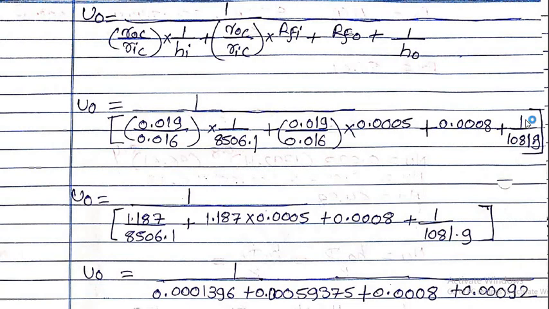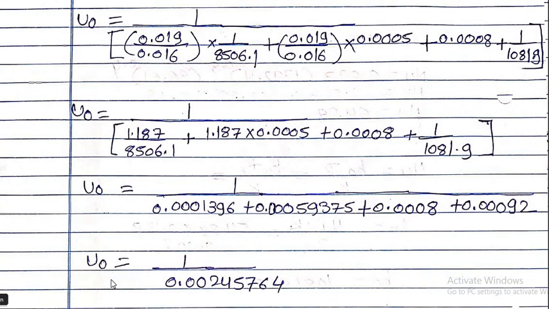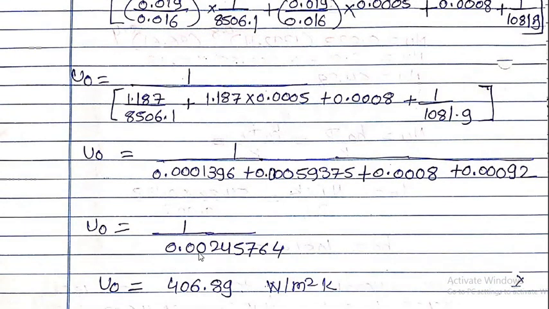We have calculated it as 1 divided by 1081.9. So the overall heat transfer coefficient, if you calculate, we'll get U naught is equal to 1 divided by 0.00245764. Okay, so after calculation U naught will be equal to 406.89 watt per meter square Kelvin.